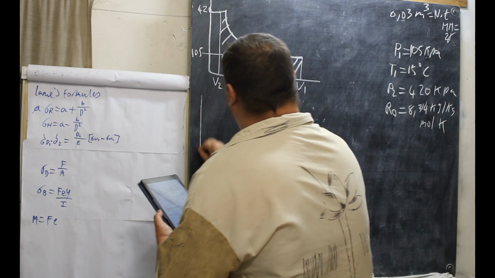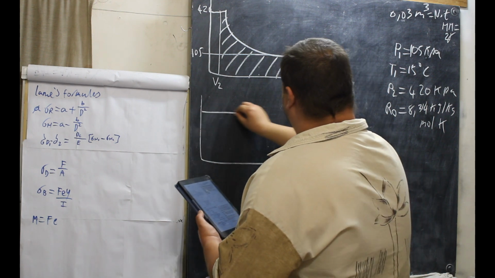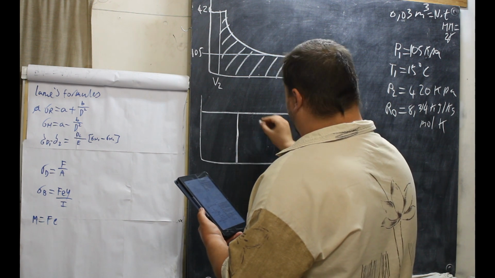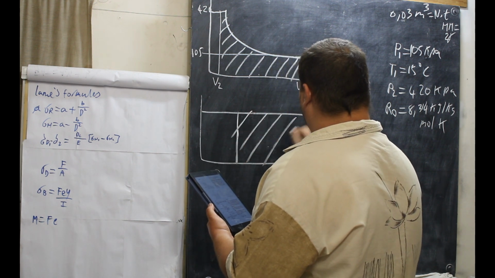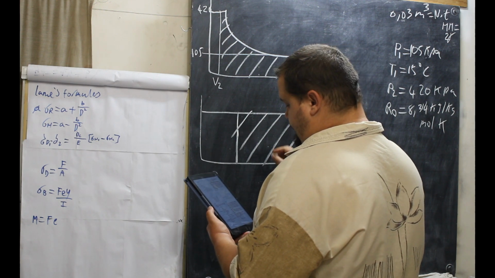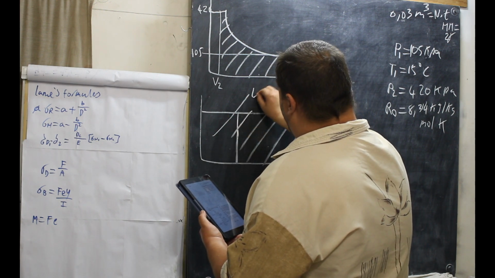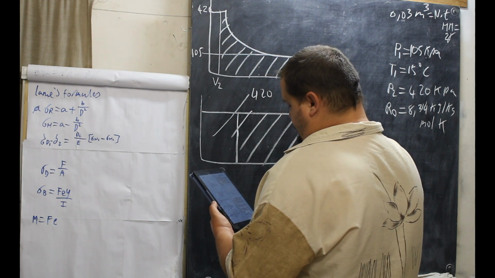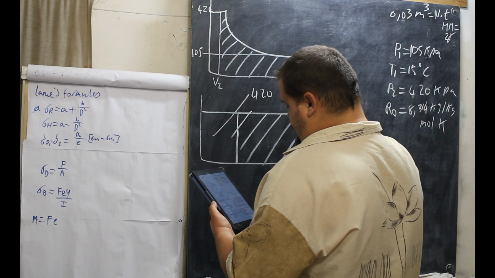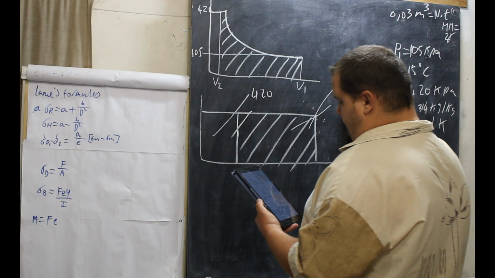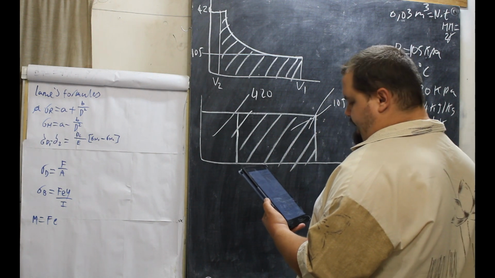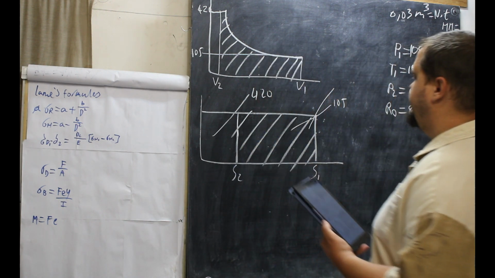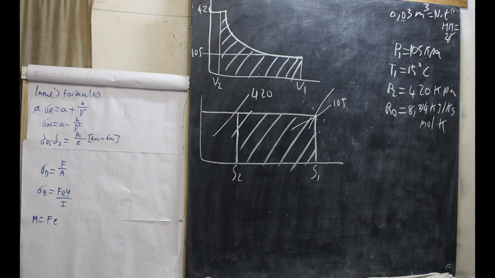Now, a next graph that we need to draw goes like this. This is the shaded area. This is 420, and this is 105, S2, and S1. These are what your graphs should look like.